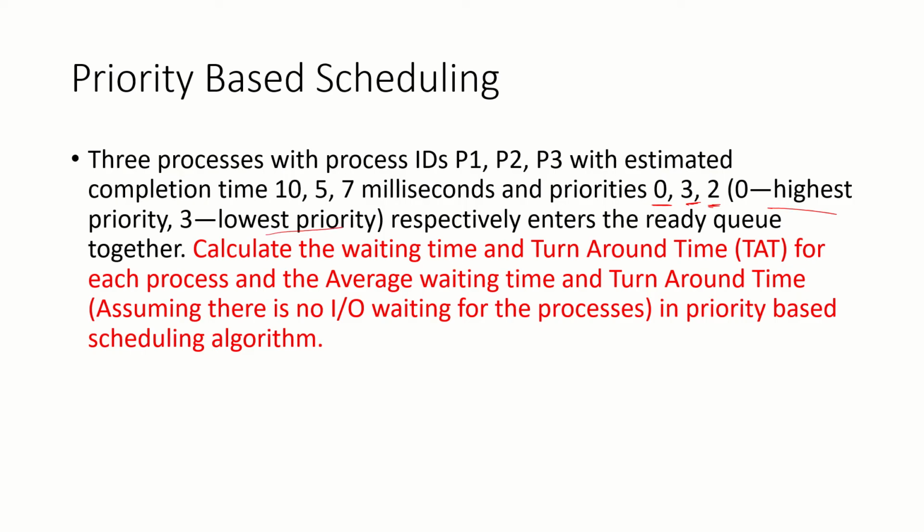So we can say that here highest priority one is a P1 process because its priority is 0. Next highest priority is for your P3 and the last priority is given for P2. Okay, now what is our work? Same work. We have to calculate waiting time, turnaround time, average of waiting time and the turnaround time. Okay, now let's start.